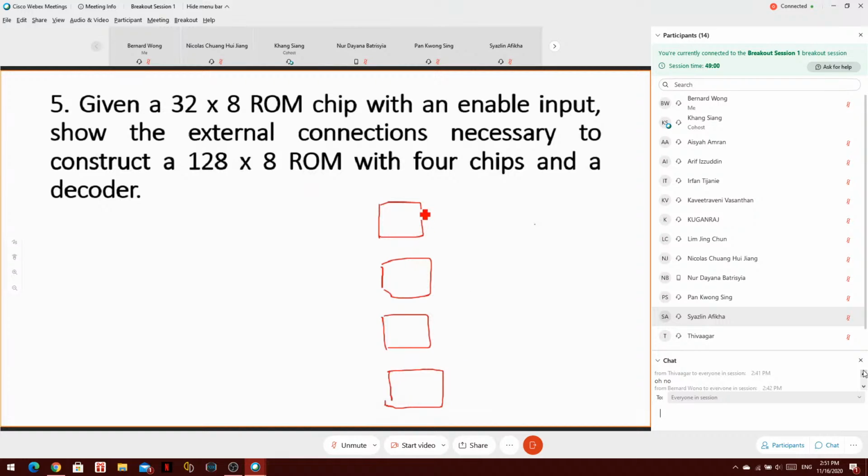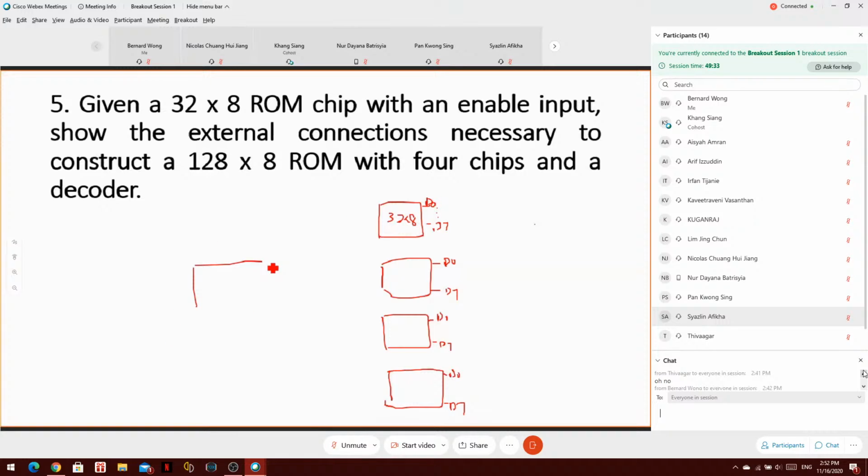Each chip has D0 until D7, for all of them, because it's not the same thing. So this is 32 times 8, and it's all the same here. You will have the decoder.